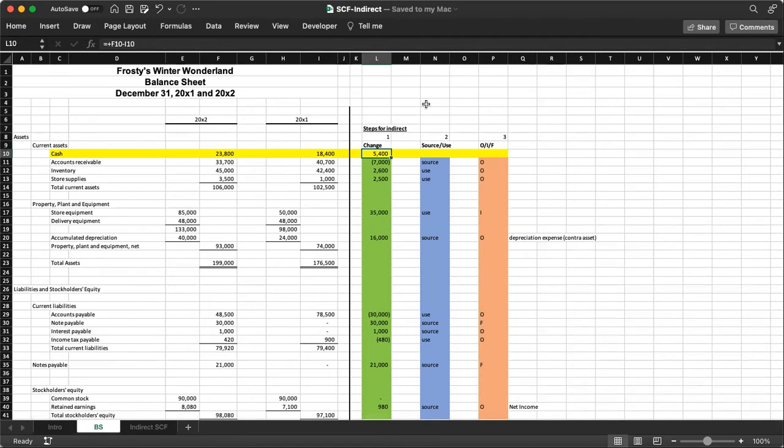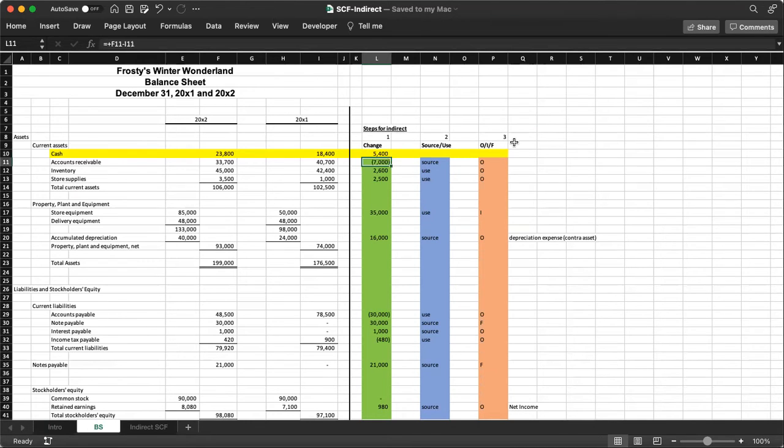So using our steps as explained in the intro, we are going to use the first step, which is the change of the value in the account. So we ignore the cash account for our steps because that's what we're trying to explain.